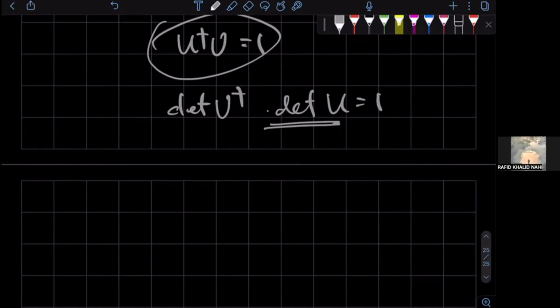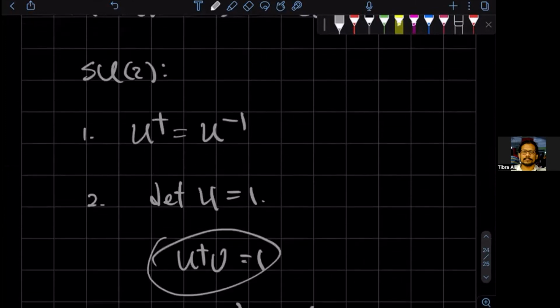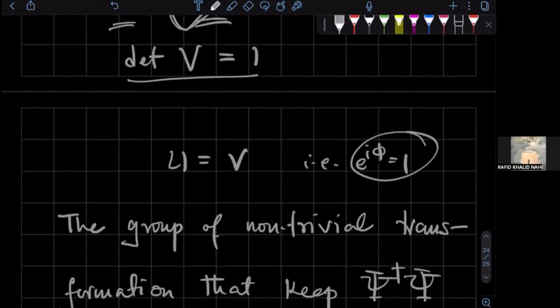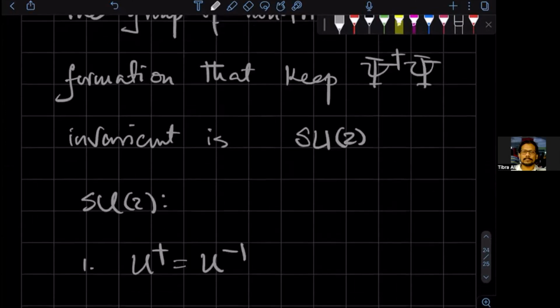So it means that the magnitude of the determinant of U is 1. In general, it can be any phase. Yeah, exactly, that's the whole point. So we are fixing the phase to 1. The magnitude, yeah. We are saying that the phase of the determinant doesn't matter.